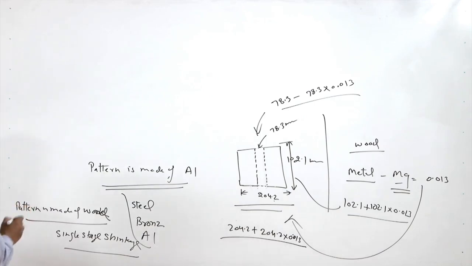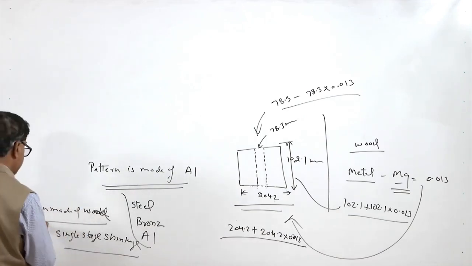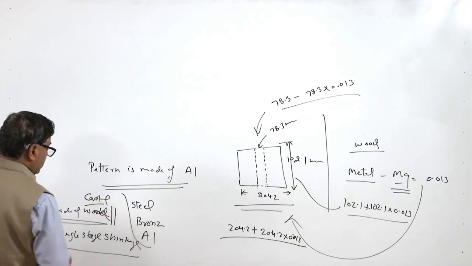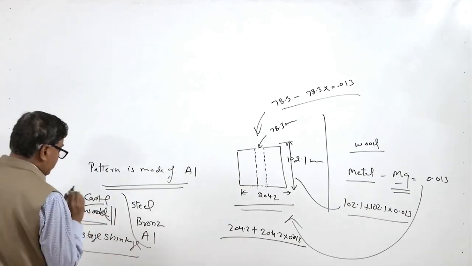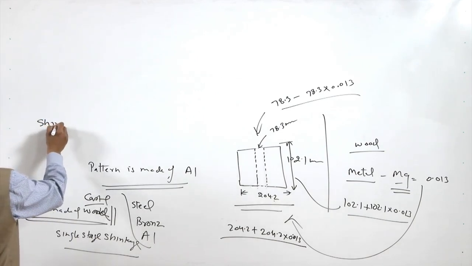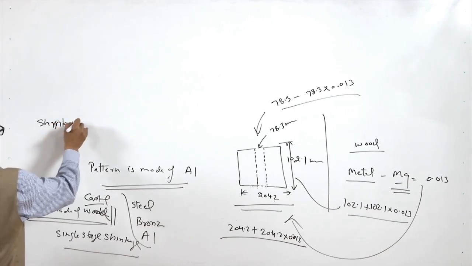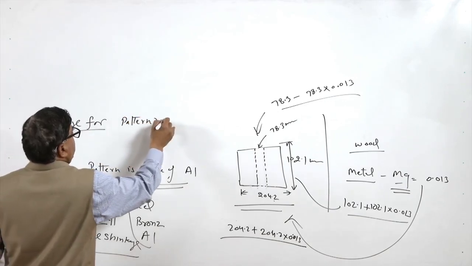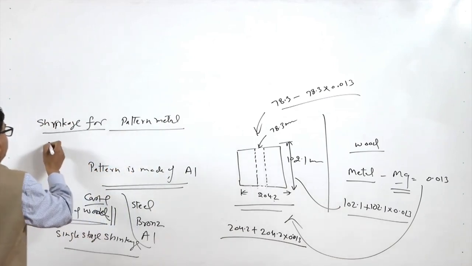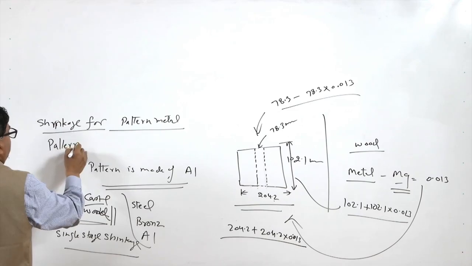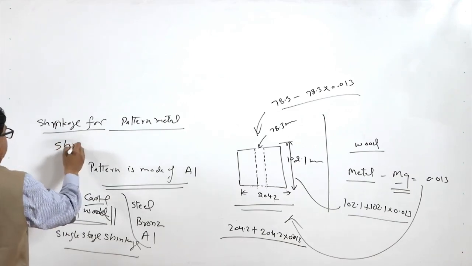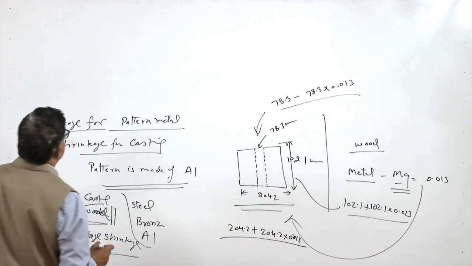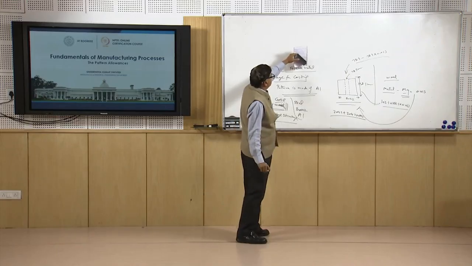But if the pattern is to be made of the metal, then in case of the wood we will be considering the metal of the casting to be used, but if the pattern is to be made of the metal, in that case first of all shrinkage will be calculated for the pattern material, and once the pattern is ready, then the second allowance is given for the shrinkage for the casting.